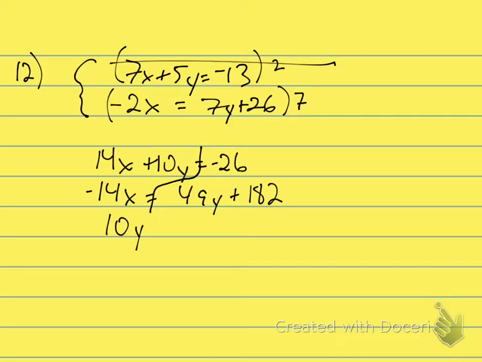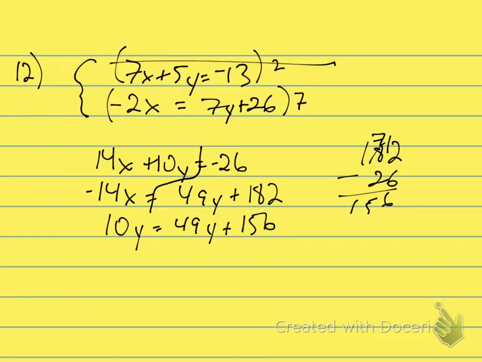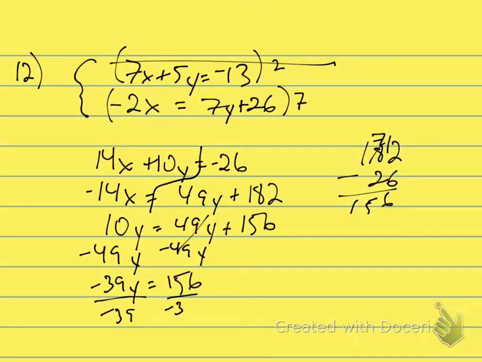If I add up everything on my right side, I get 49y plus 182 minus 26, 156. Then I'm going to solve for y. Minus 49y, minus 49y, negative 39y equals 156. Divided by negative 39, so y equals negative 4.